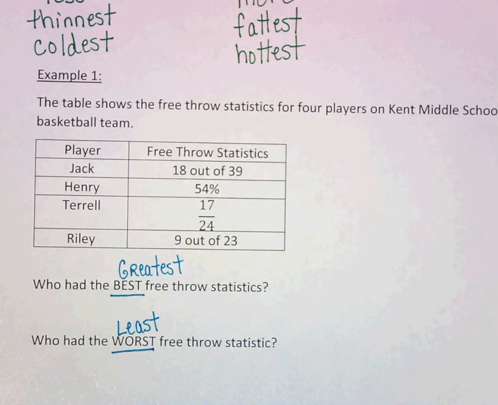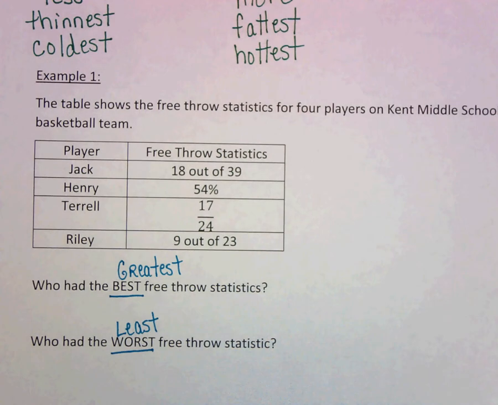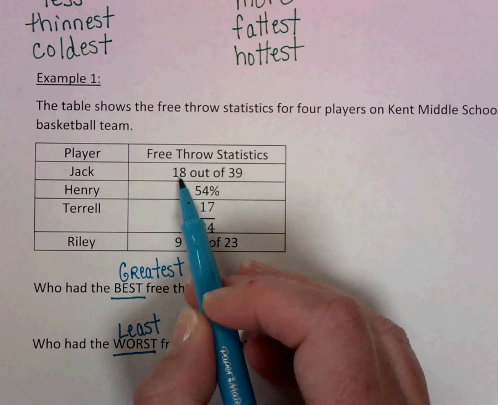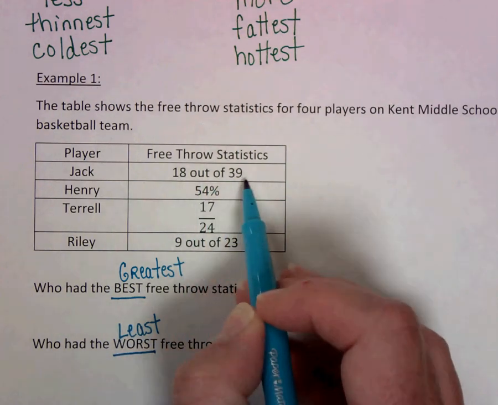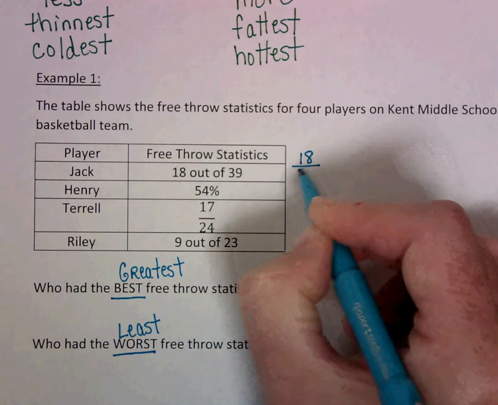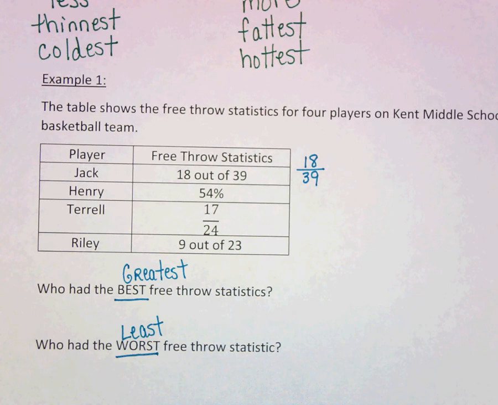Okay, so remember, just like we've been doing, we still have to change all of our numbers to the same form. And we talked about that decimals is the easiest form. So when it says that Jack shot 18 out of 39, we can write that as a fraction, 18 over 39, and we should know by now how to change that to a decimal.